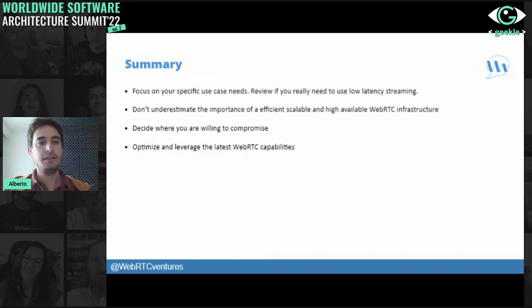So in summary, if you are building a WebRTC application for scale, first, focus on your use case needs. There are different architectures. There is the SFU, as I mentioned, and once you decide that, there are also different ways to scale it.